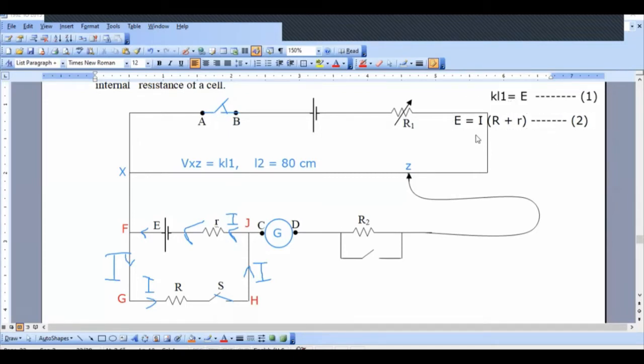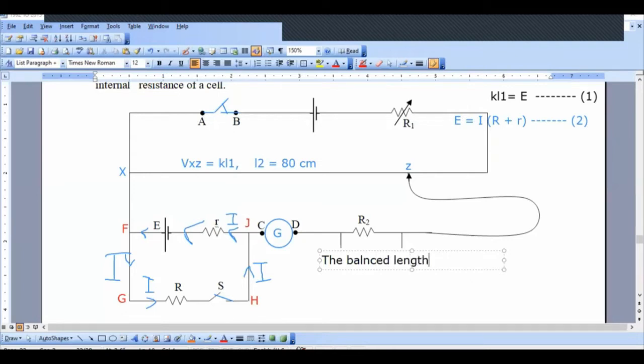Right. Now I'm going to write that. I'll use a different color, then it can be seen clearly. So I have kept equations 1 and 2 separately. Now we should say the balanced length, as usual.